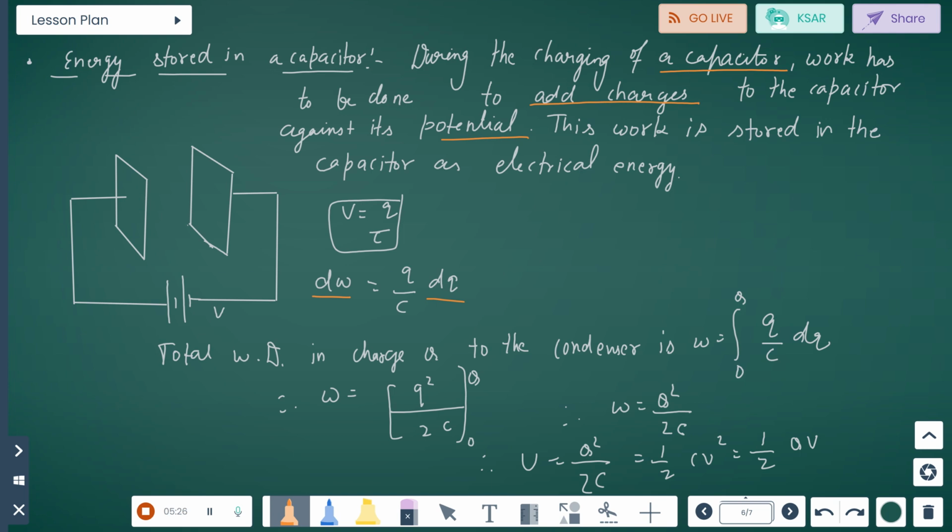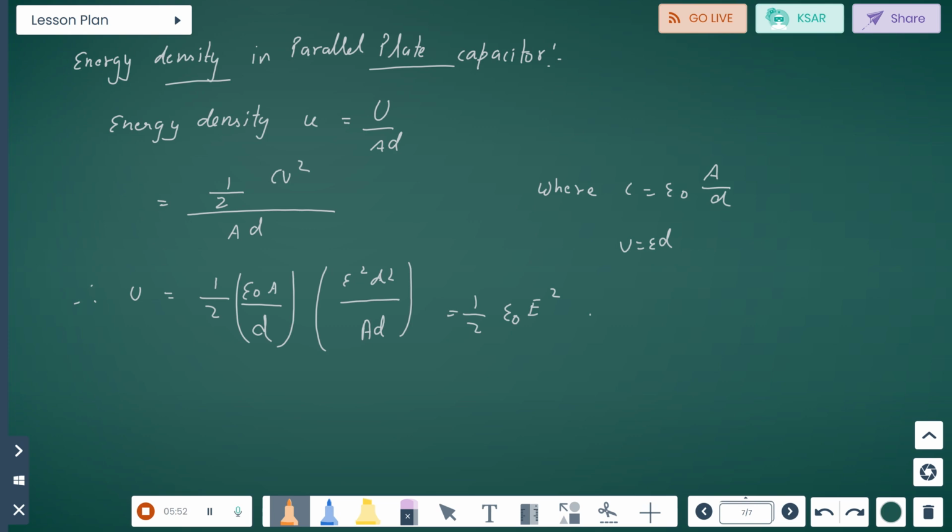So the total work done in giving charge Q to the condenser is W equals the integration from 0 to Q of Q by C dQ. Therefore W equals Q square by 2C. So U equals Q square by 2C, equals half CV square, or half QV.